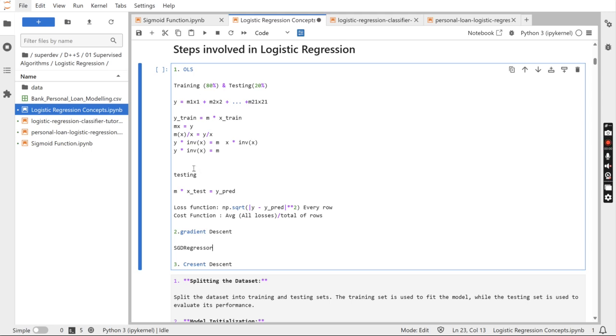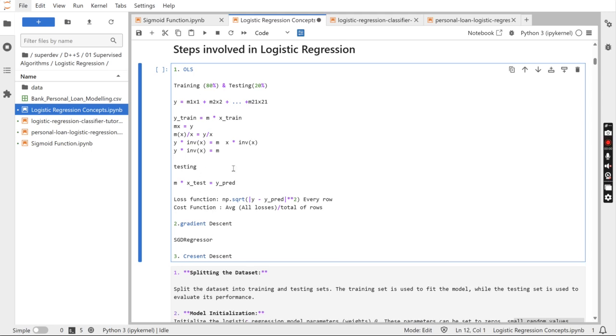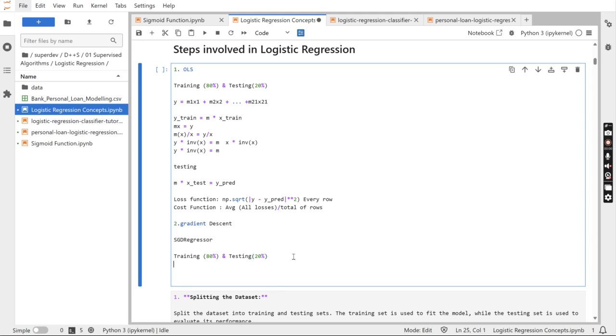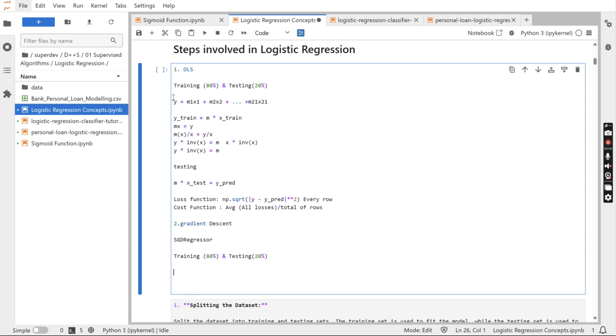We will talk about that later in that section. In gradient descent, the first step will remain the same. You will split the data into training set and test set. The equation also remains the same because you have 21 features only.